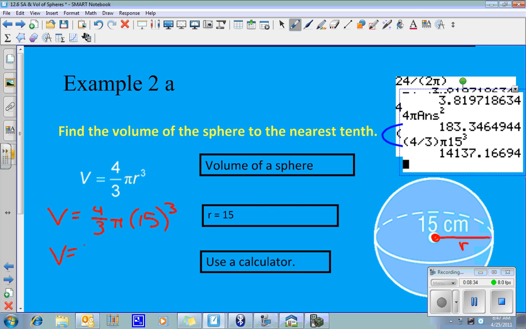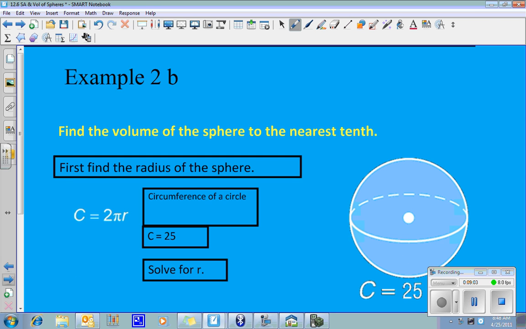So the volume equals 14,137. We're rounding to the nearest tenth. So here's your tenth. Now look one past it. Is it 5 or greater? And it is. So it's 0.2. We're talking about centimeters, and volume is always cubed. If you don't put the correct units, I will count off on the test. So make sure you've got those correct units.